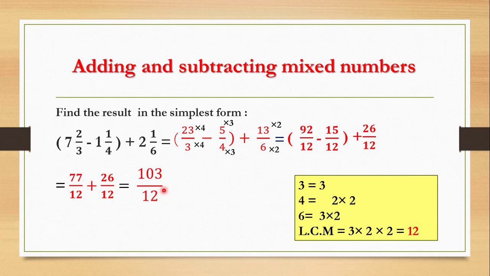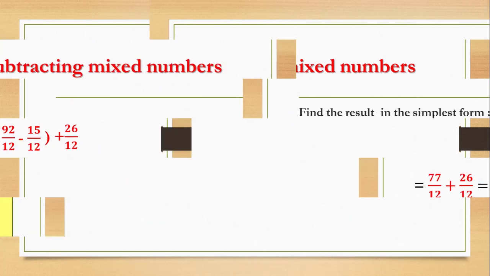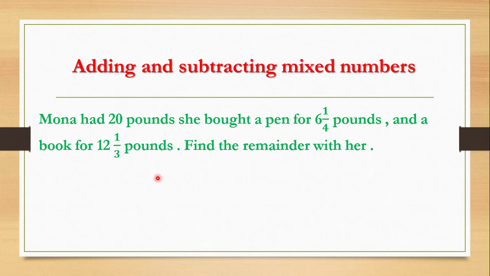Okay, let's take one more exercise. Mona had 20 pounds. She bought a pen for 6 and 1 over 4 pounds and a book for 12 and 1 over 3 pounds. Find the remainder with her. To calculate the remainder, we will subtract what she had minus what she spent.